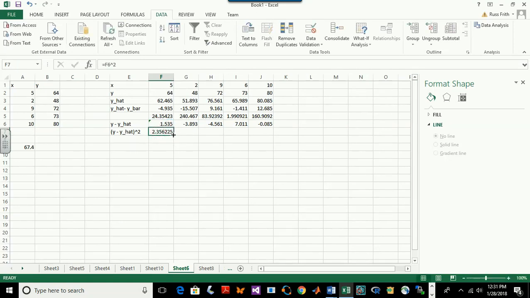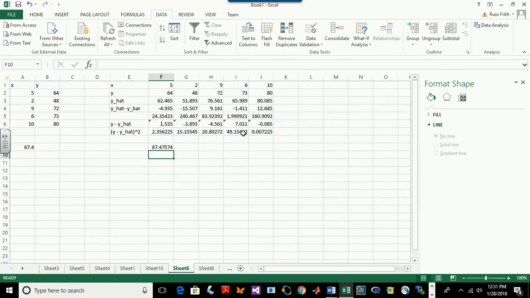Can we drag it? Okay, and we do. Does that look reasonable? That looks reasonable. And then to get the unexplained variation, we just sum up these values. So that's your unexplained variation, which was shown in the regression.